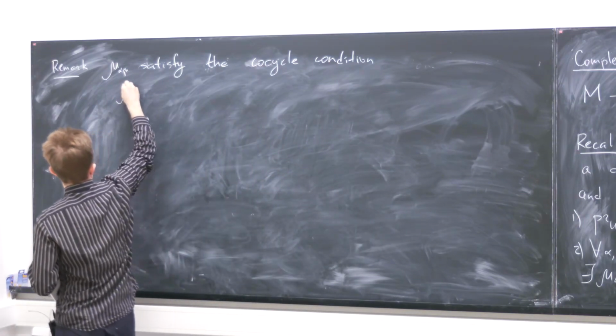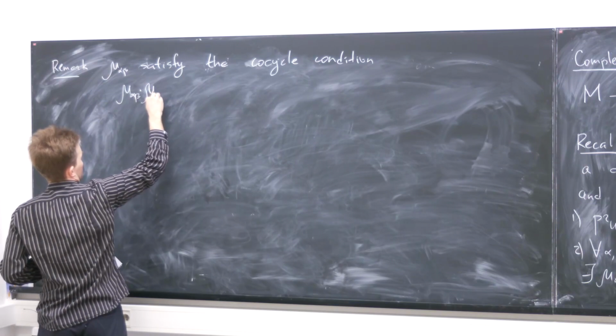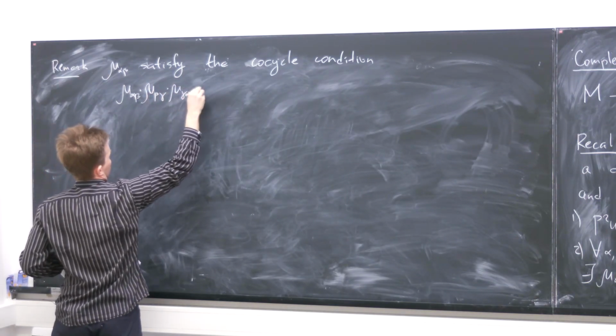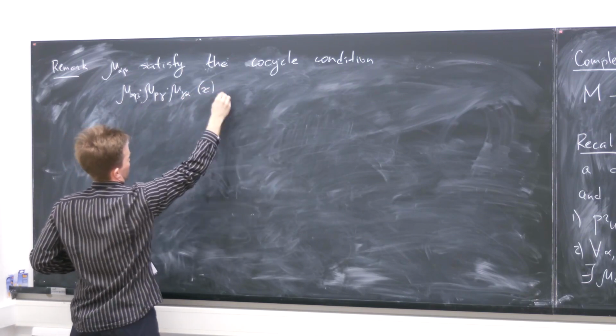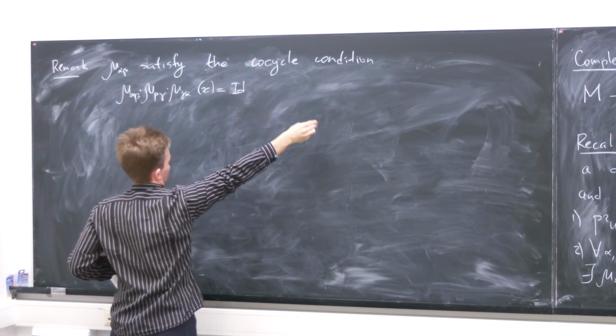Well, this just means that if we take the product mu alpha beta, mu beta gamma, mu gamma alpha, for any point x in the triple intersection, this will be the identity matrix.